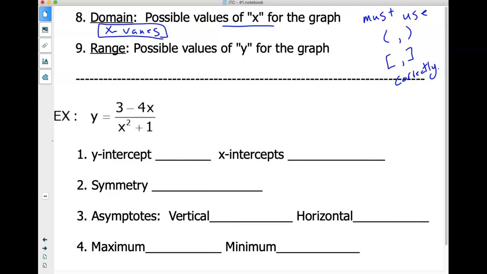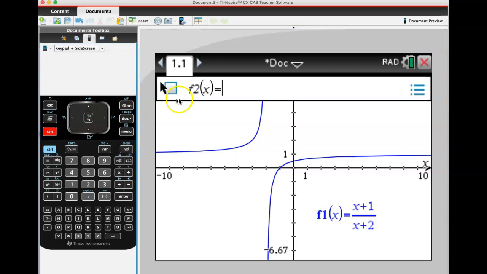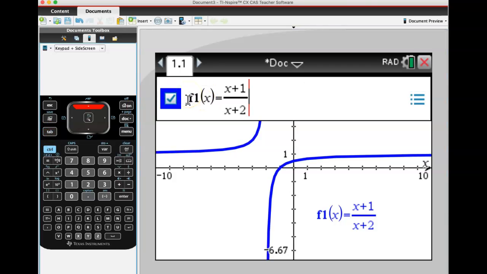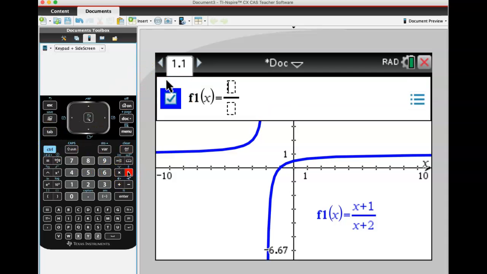All right, so we're going to come back here quick and I'm going to grab my graphing calculator. I'm going to put a new graph on here. I'm going to do control, divide, and example.